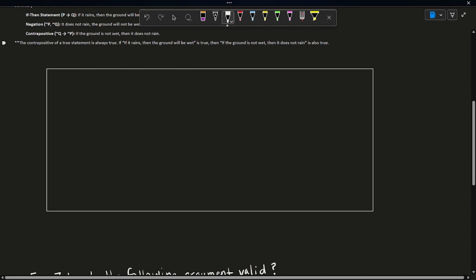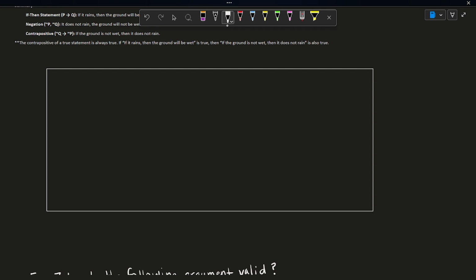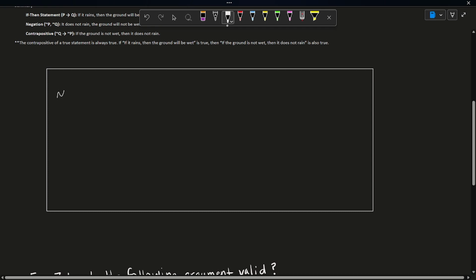So in the parking lot, we're going to have our not Q, right? Not Q. This is going to be ground not wet.